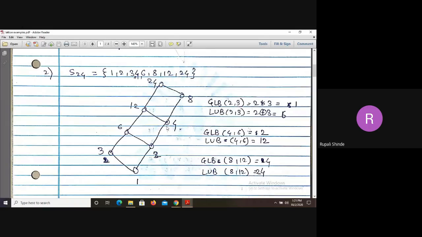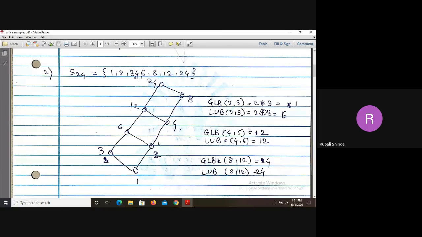Here we can consider the pairs of elements that are not connected by direct lines. What are those pairs? The first pair is 2, 3. The greatest lower bound for these two elements is 1 and the least upper bound is 6. The second pair is 4, 6.